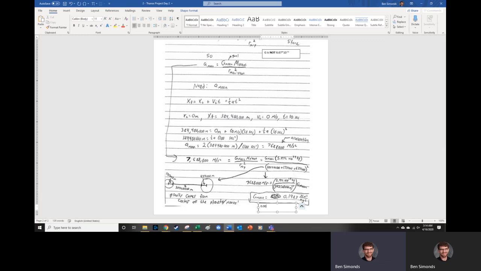So 1, 2, 3, 4, 5, 6, 7, 8, 9, 10. That's what it usually is. This is what it is now. It's 0.19. It's usually 0.000000000667. There's not any zeros anymore. It's just 0.19.